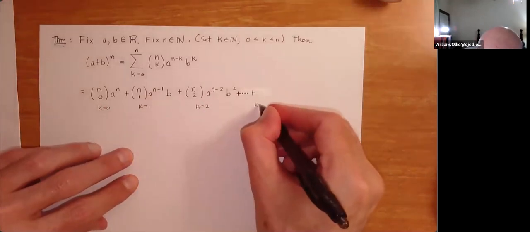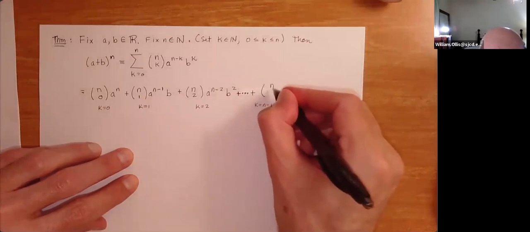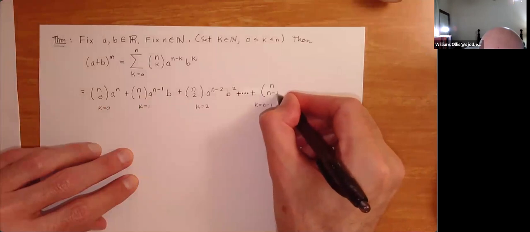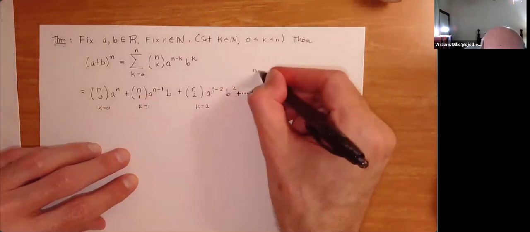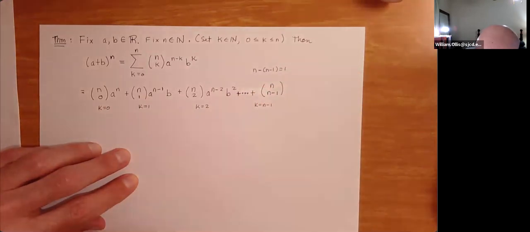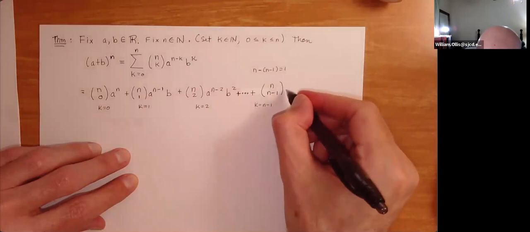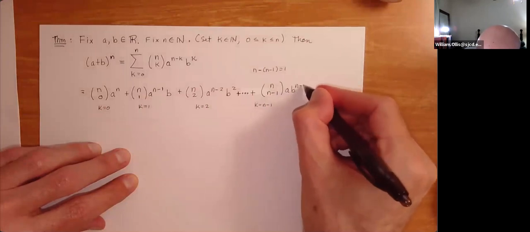Then we'll do K equals N minus 1. So we have N choose N minus 1. And so now this will be N minus 1, which equals 1. So I don't have to write all of that here. So that'll be A to the 1, B to the N minus 1.